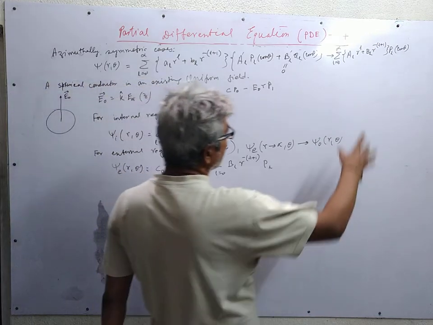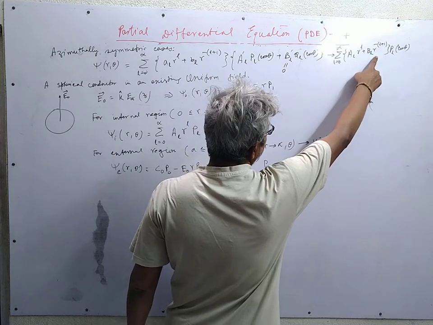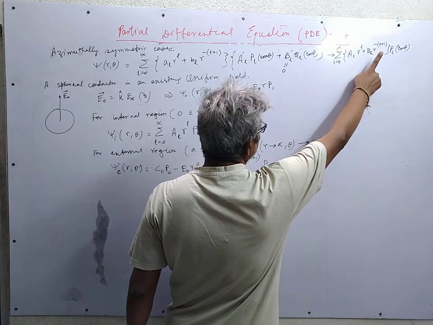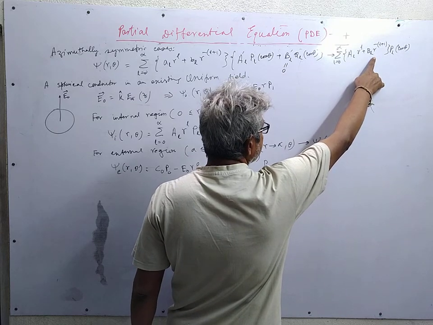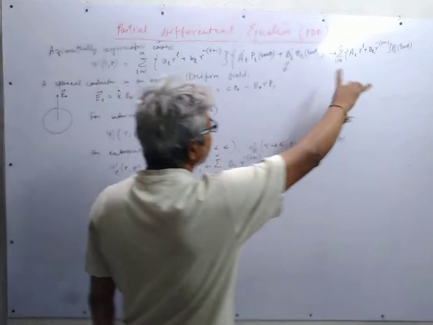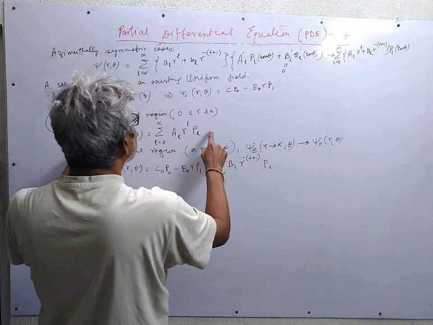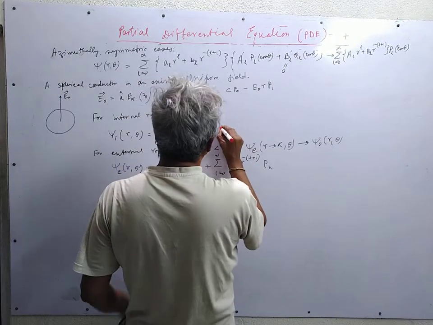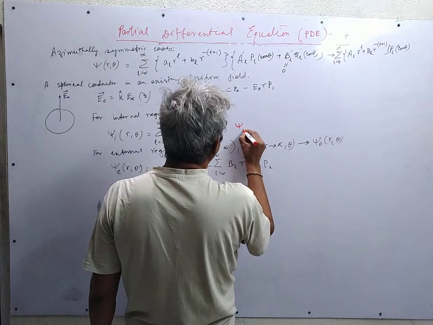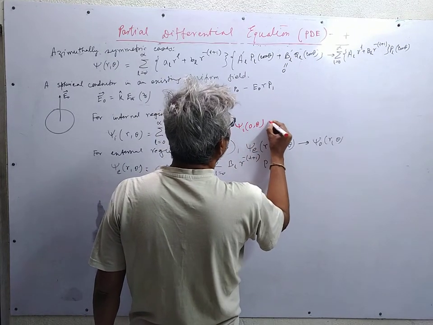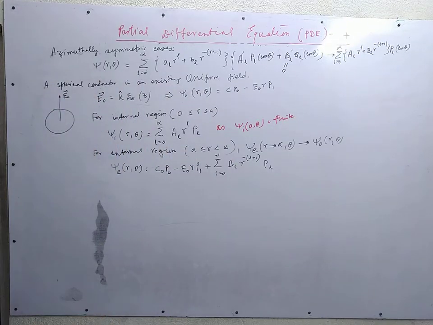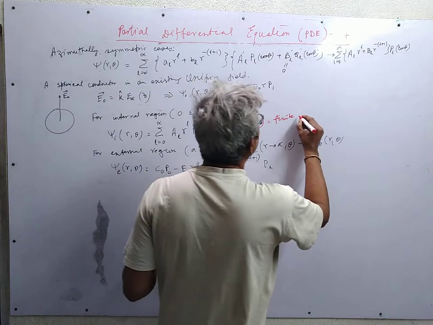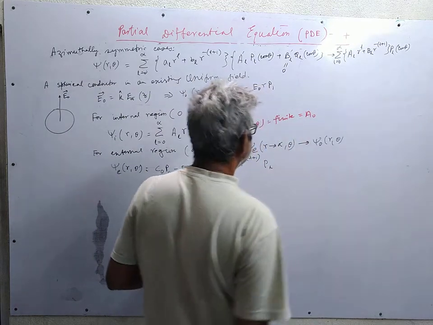If we put r equal to 0, this term shows a divergence, so we consider that B_L is 0 for the internal region. So for the internal region, the solution is this, because phi internal is finite, and this value is simply A0.